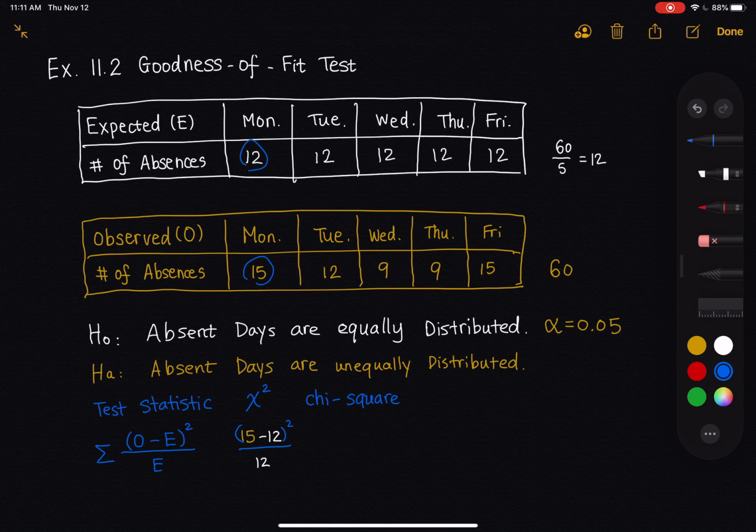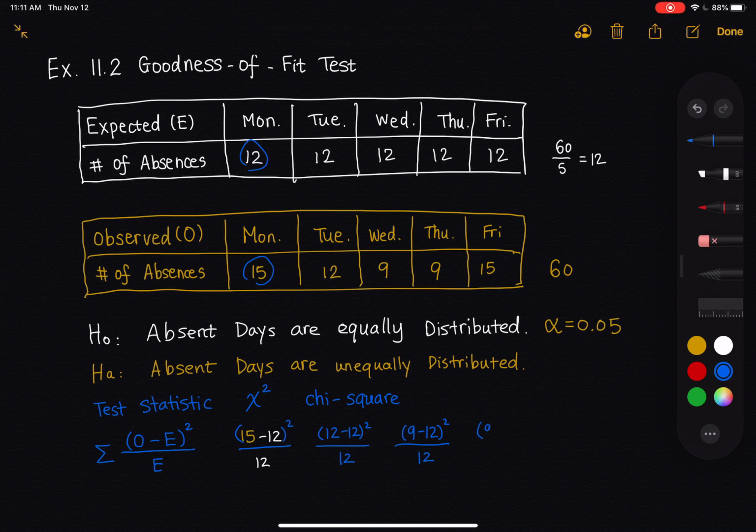For the second cell, you do similar things. For Tuesday, we observe 12 absent, and we expect 12 absent, divided by 12. And for Wednesday, we observe 9 absent, we expect 12 absent, and we divide it by the expected value.